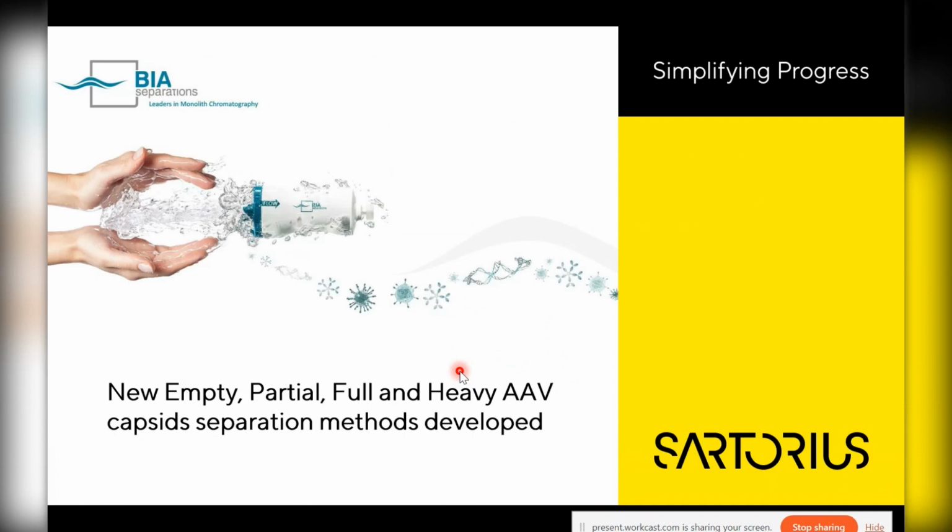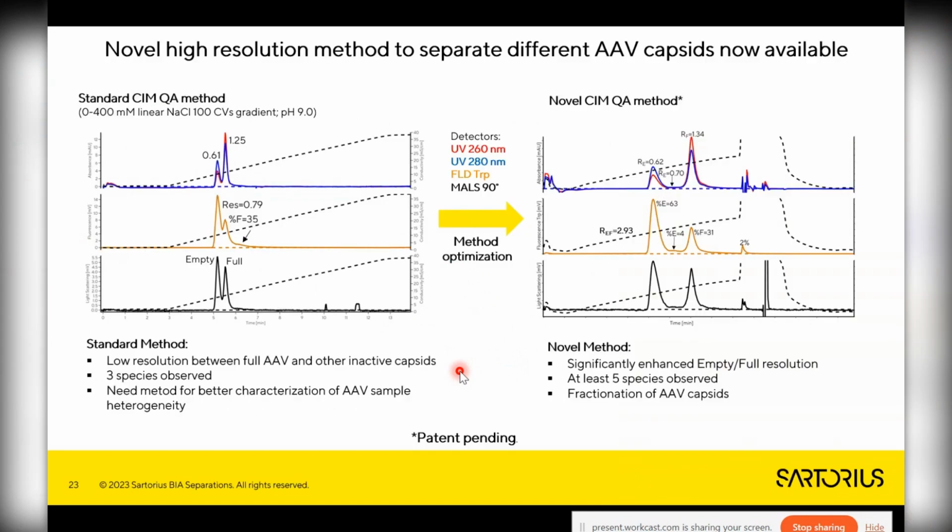This is why we started to think about how to improve resolution. Seeing this charge mass spec and this very heterogeneous population, we came to the conclusion that we need to do something to unify the particles, the empties, the partials, the fulls, and by this we could separate things better.